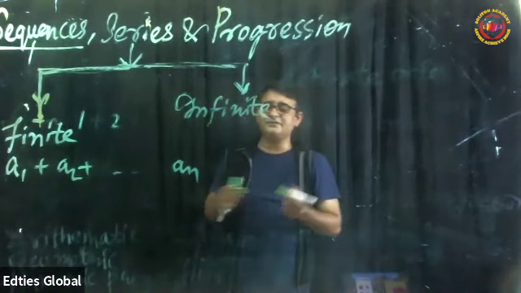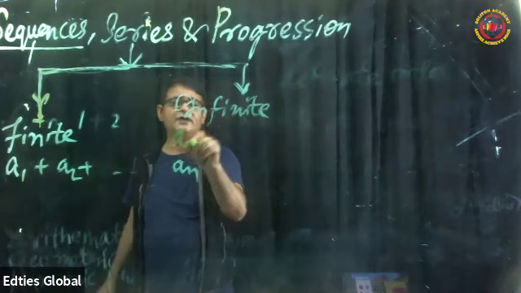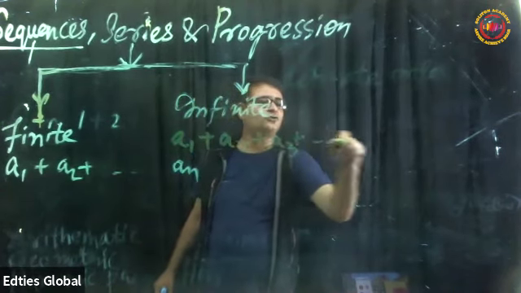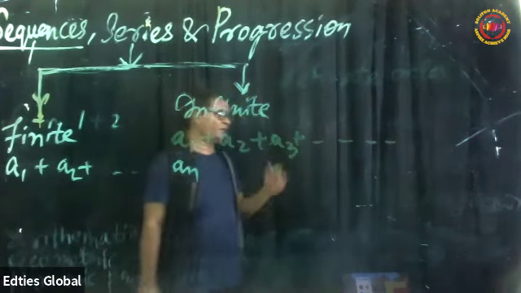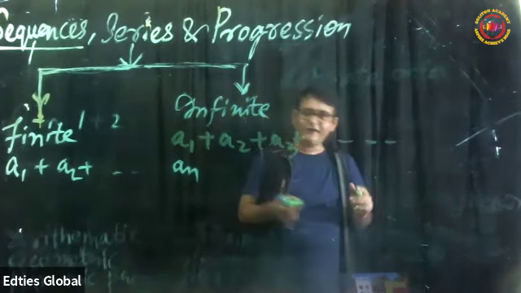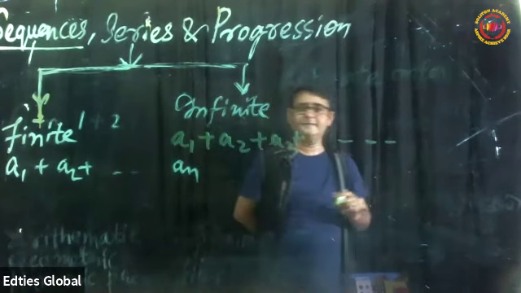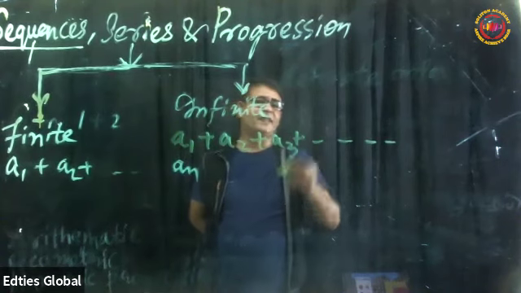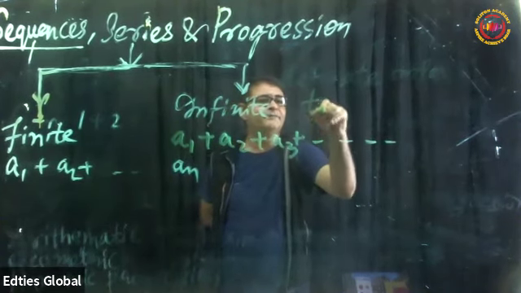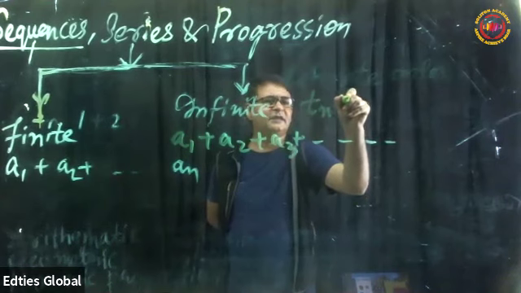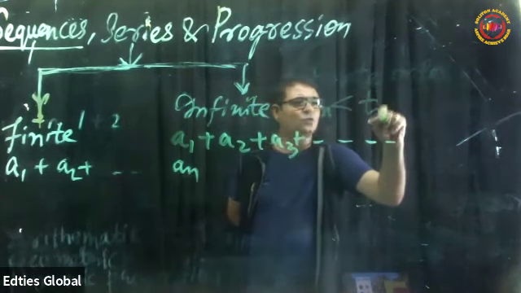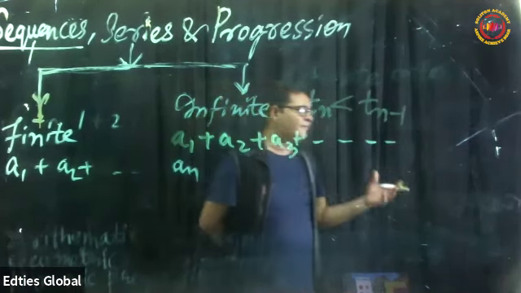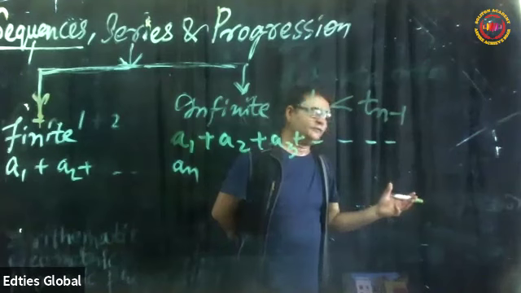Sometimes the series can be infinite, such that you have A1, then A2, A3, and it goes to an indefinite number of terms. Infinite series are also of two kinds. For example, if you have a sum where the nth term is less than the (n minus 1)th term, a lot of times its sum is going to be something finite.